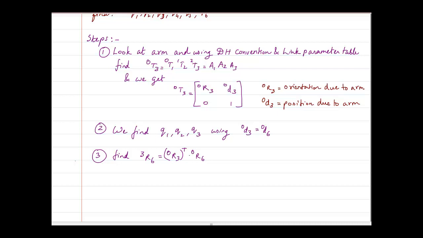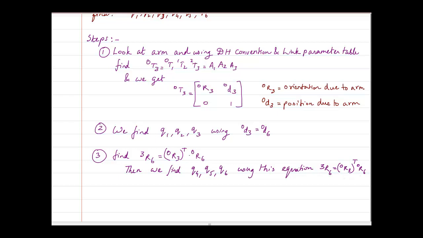So substituting values, we then find Q4, Q5, Q6 using the equation 3R6 is equal to 0R3 transpose into 0R6.